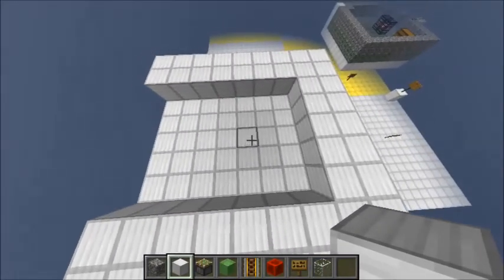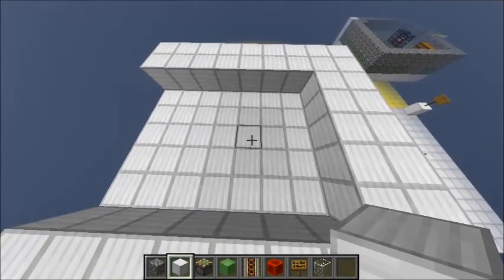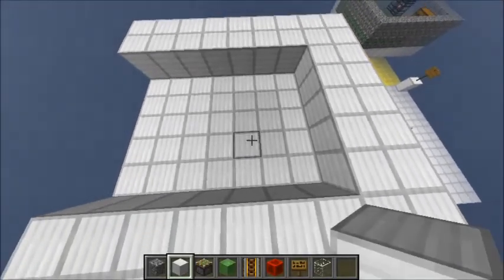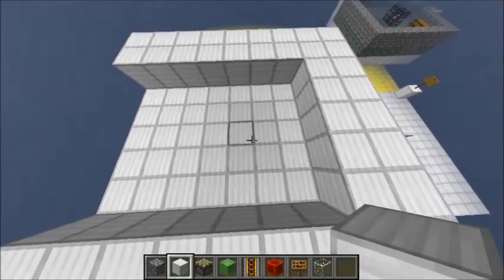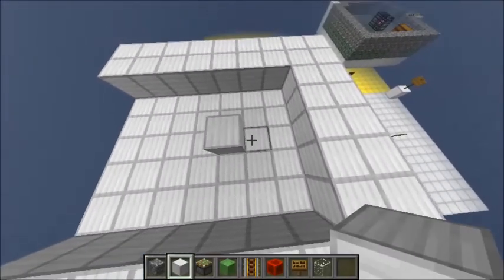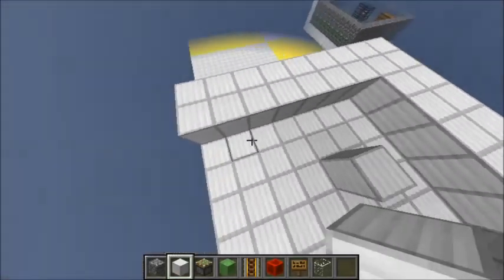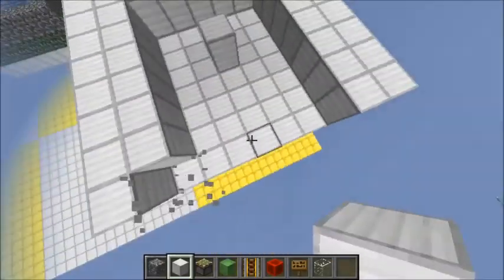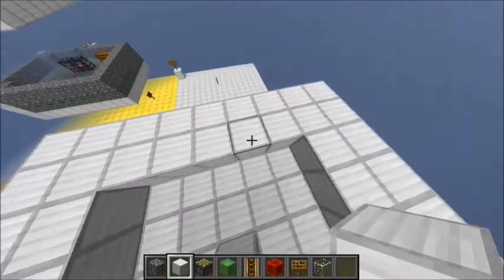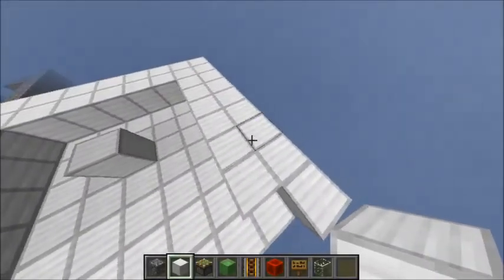Also, dungeons can generate in a 7x7, a 9x9, a 7x9, or a 9x7. So what that means is that if a spawner was right here and it was 7x7, it wouldn't use this or this, but it would use all these as wall blocks. The ones I'm looking at, it wouldn't use these outer ones.